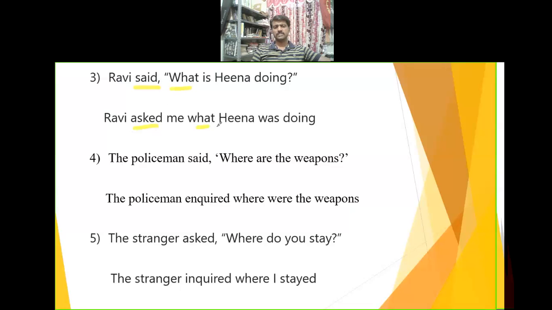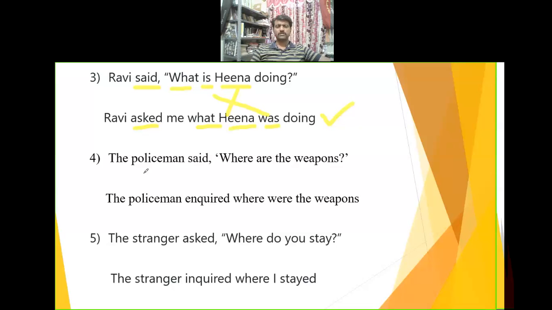You have to put the same question clause. Hina is the subject. First you have to write Hina, and then he is. Is becomes was. So you have to change it like this. It has interchanged. So what is Hina doing becomes what Hina was doing. You have to interchange it. That's all. You have to remember that point.